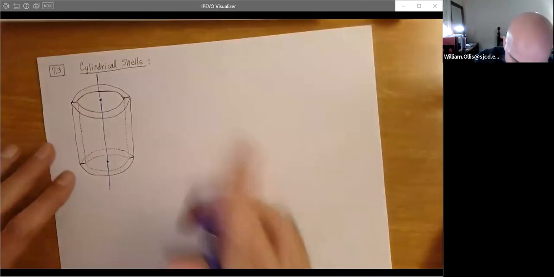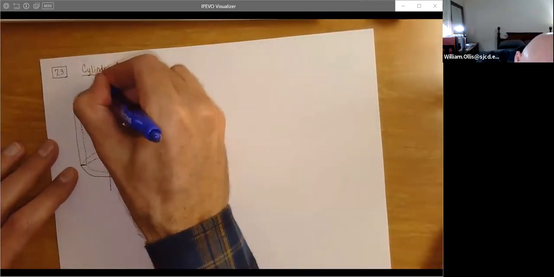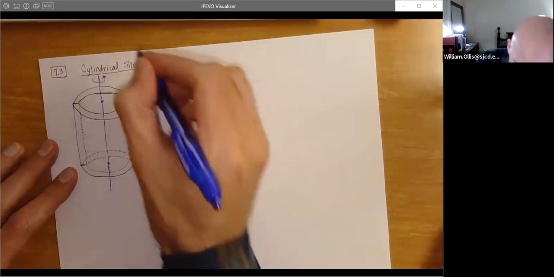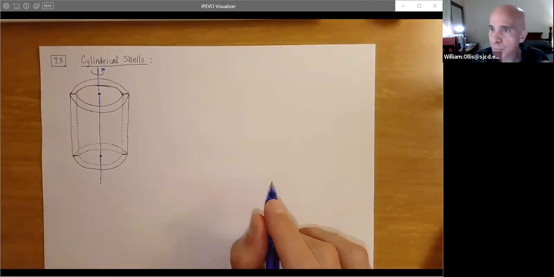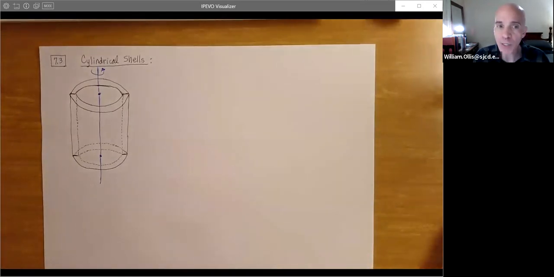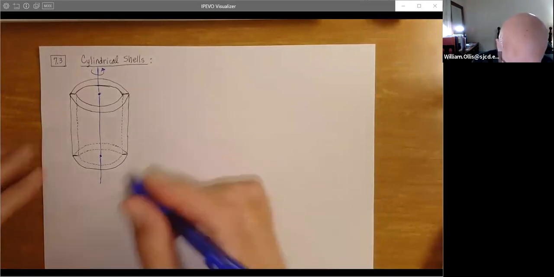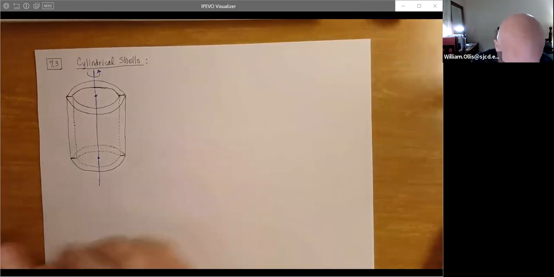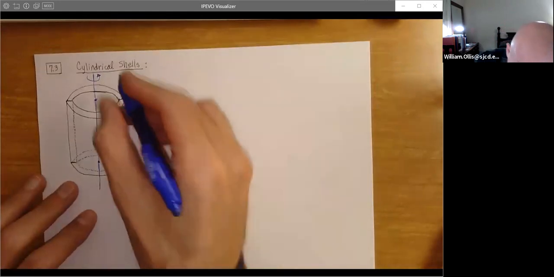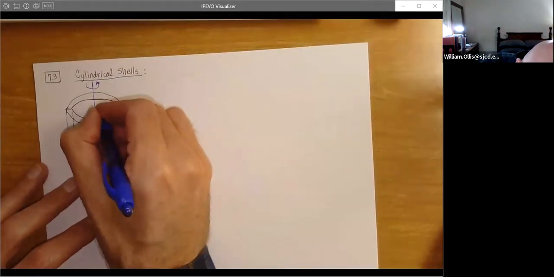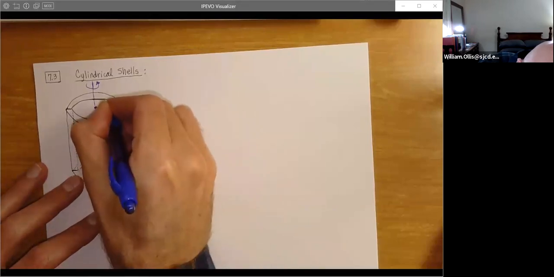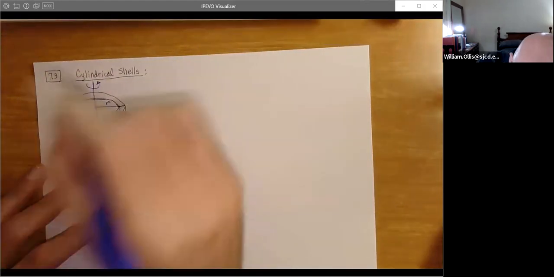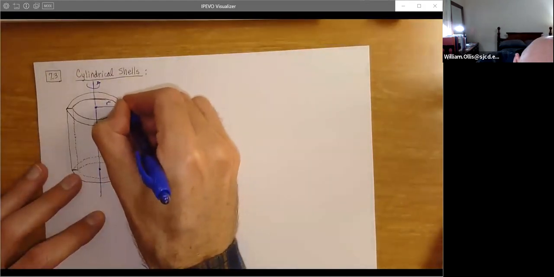The idea is that creating this particular shell would be the result of rotating a strip about an axis. But in this case, the strip is parallel, so we get the cylindrical shell. So we can mark this off as an r for the inner radius. And then of course, we'll have the delta r here.